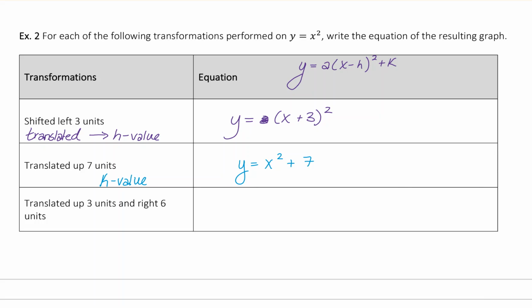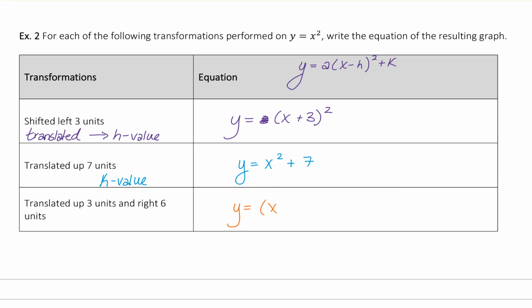Okay, and then one that includes both an h value transformation and a k value, translated up 3 units and right 6 units. Okay, well, the first thing that comes first is h, so that goes in our brackets.